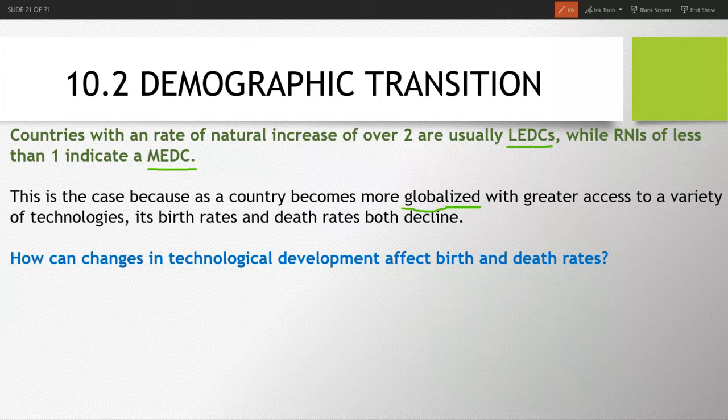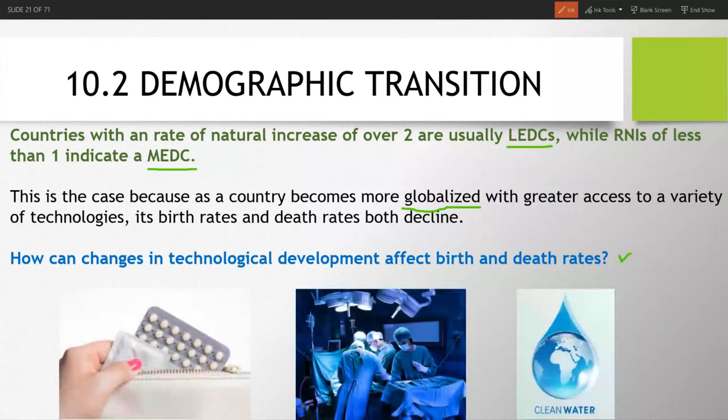So how can changes in technological development affect birth and death rates? This follows directly from that point just above. We've got 3 visuals here, each representing some element of what we'll talk about in the coming section. Over here we've got some birth control.